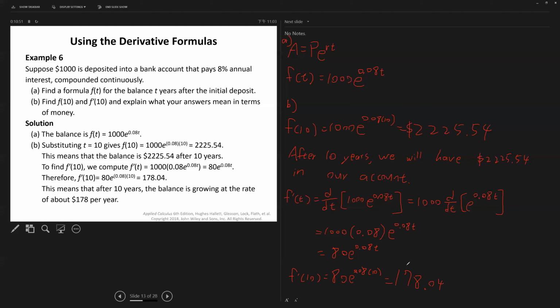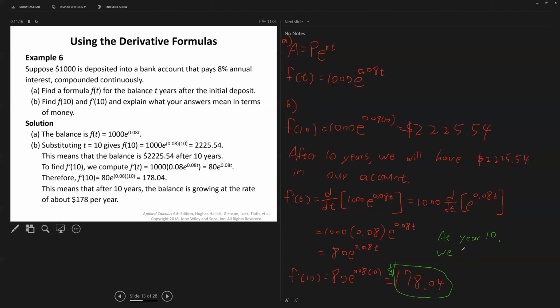Right, this 178.04 is actually the change of the amount of money at year 10. That means at year 10, we're going to be earning this much extra interest.